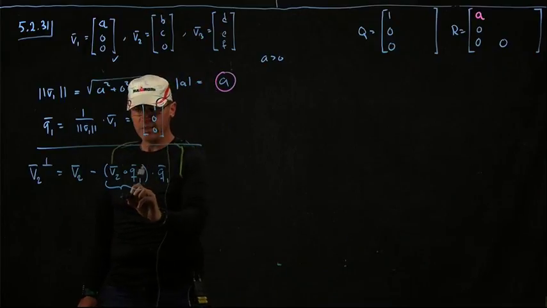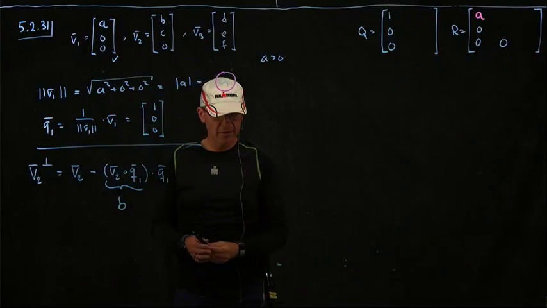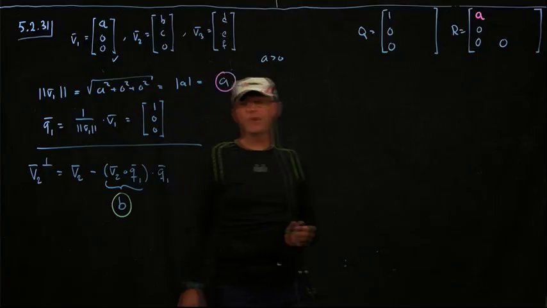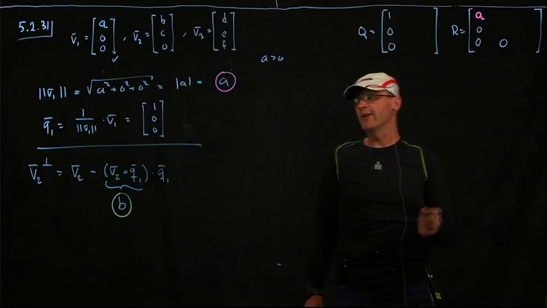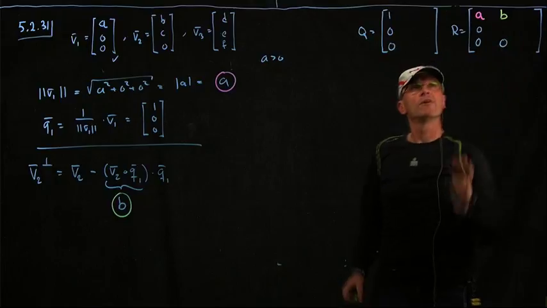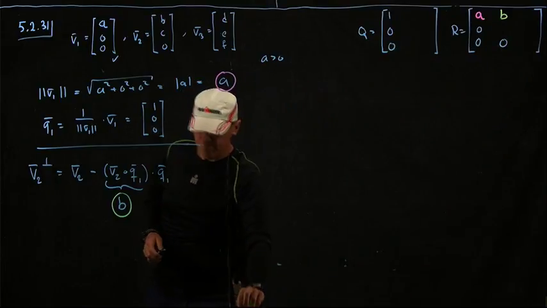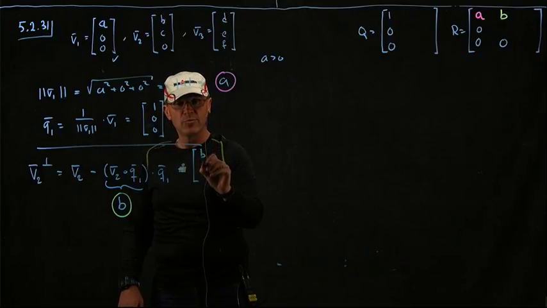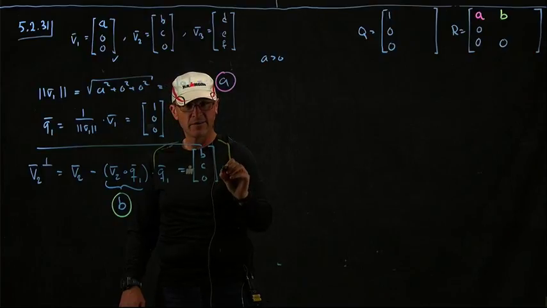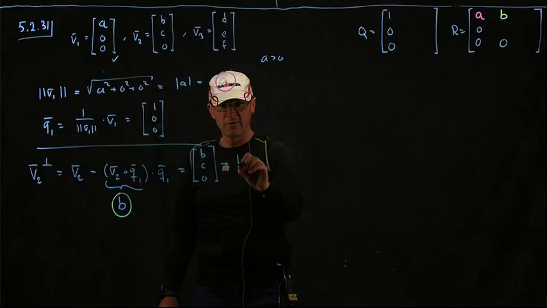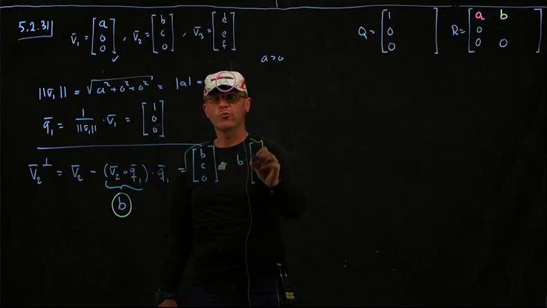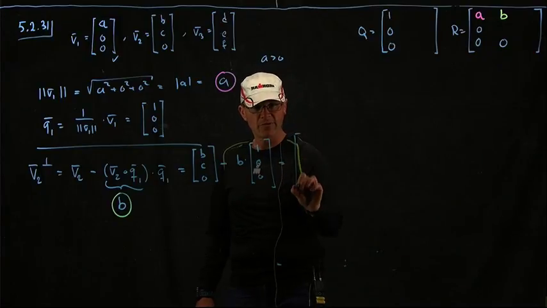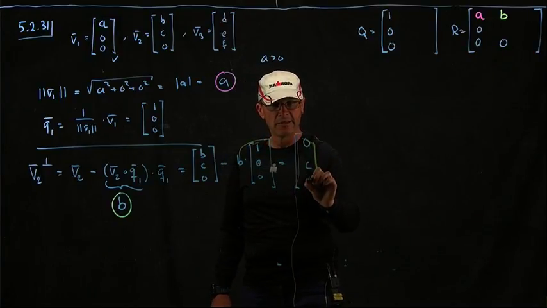So we're just going to get B. And again, dot products along the way end up above the diagonal in R. So we are over here now. So now we can compute this. We have the original B, C, 0 vector. We are subtracting B times Q1, which is 1, 0, 0. And we end up with the vector 0, C, 0.